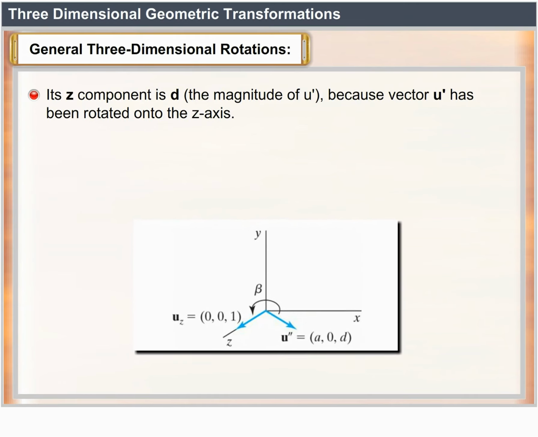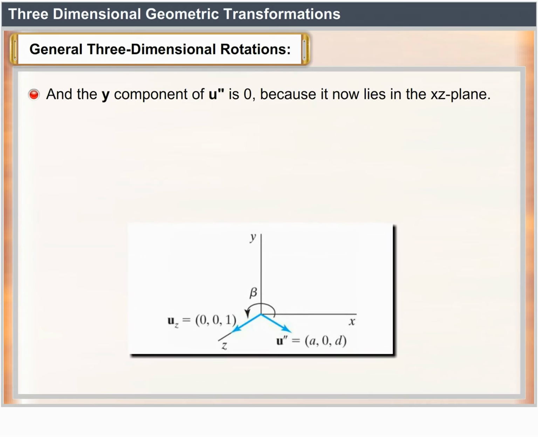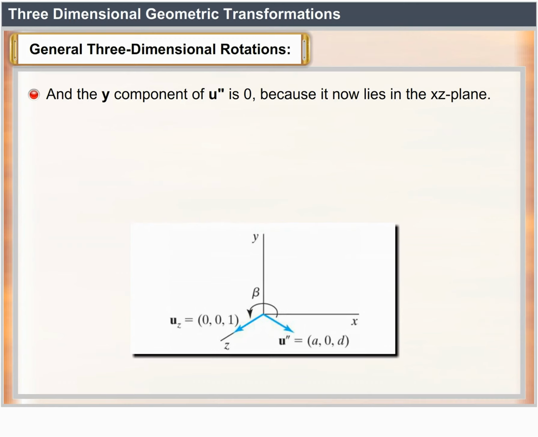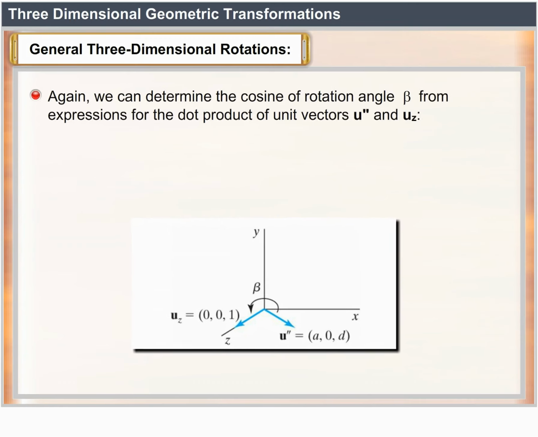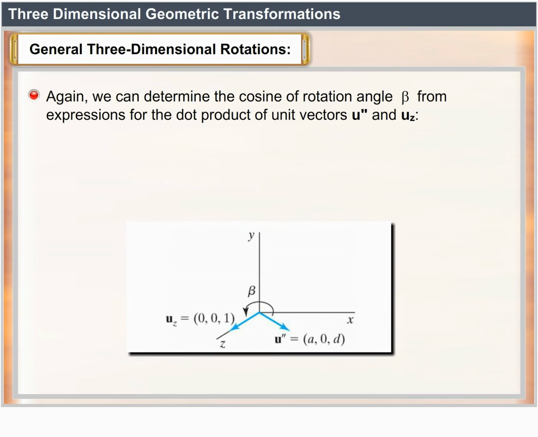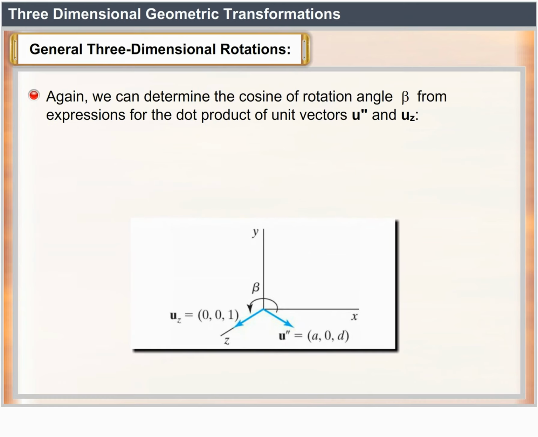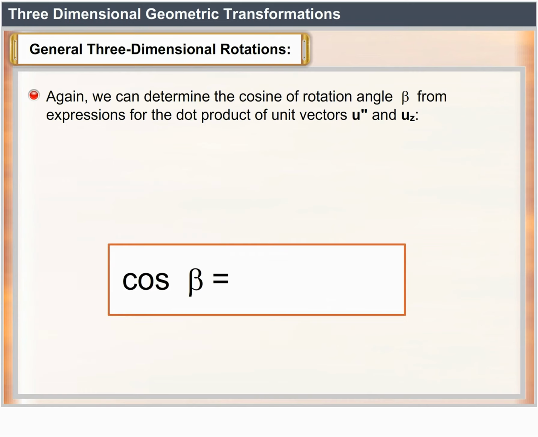Again, we can determine the cosine of rotation angle beta from expressions for the dot product of unit vectors u'' and uz. Cos beta equals u'' · uz over |u''| |uz| equals d, since |uz| equals |u''| equals 1.